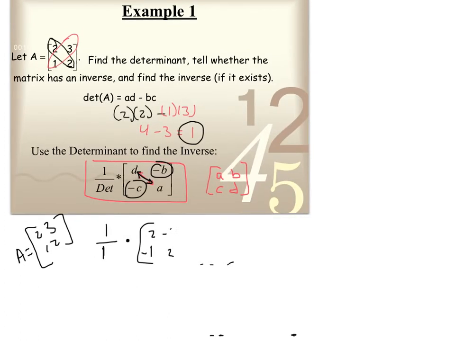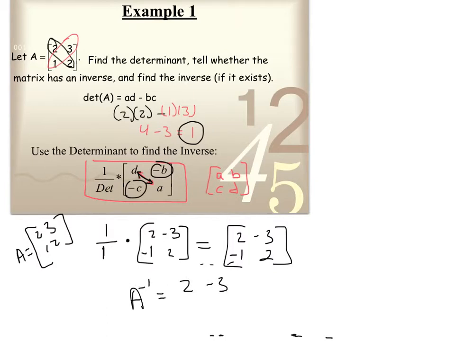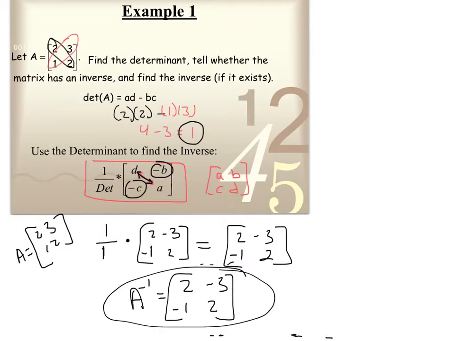So I got a negative 1 here and a negative 3 here. So that means the inverse of this is just the scalar multiplication. So really all it is is the switching of the variables. So A inverse is equal to 2, negative 3, negative 1, 2. And that's how we can find the inverse of a matrix by using the determinant.